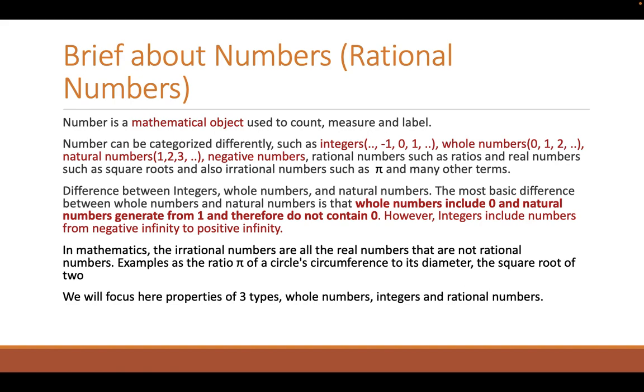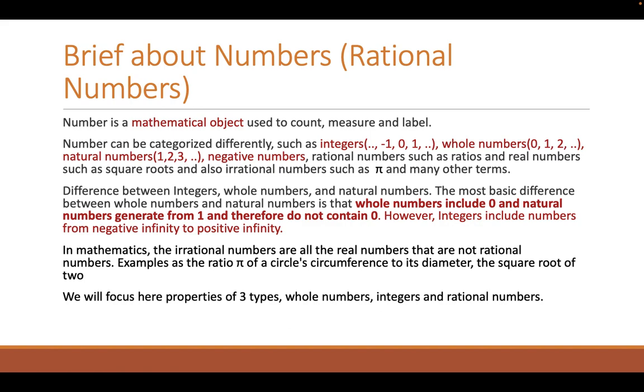We will focus here on properties of three types. Now that we know the categories of numbers such as integers, negative numbers, whole numbers, rational, irrational numbers, we will just focus on three types in this chapter for our prime importance of understanding numbers, and we will gradually also discuss the properties of those numbers.